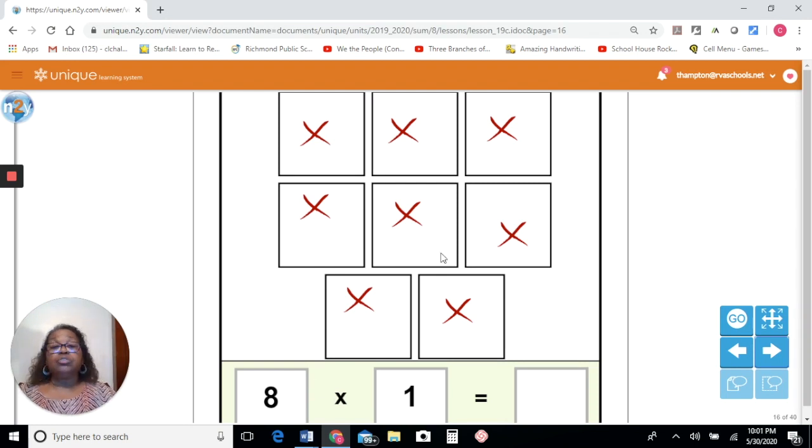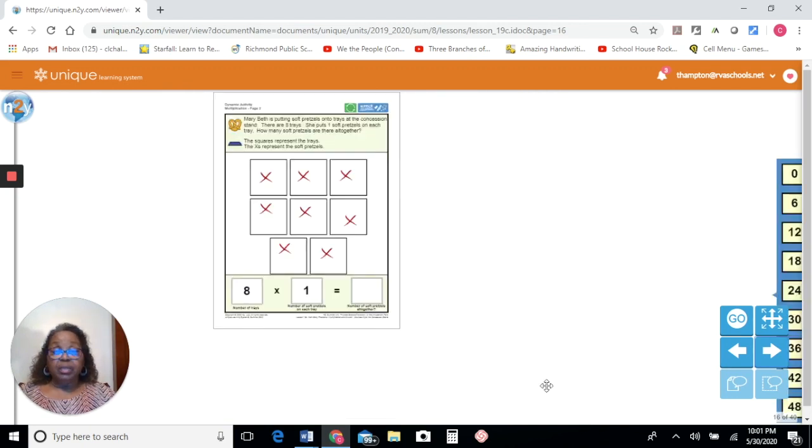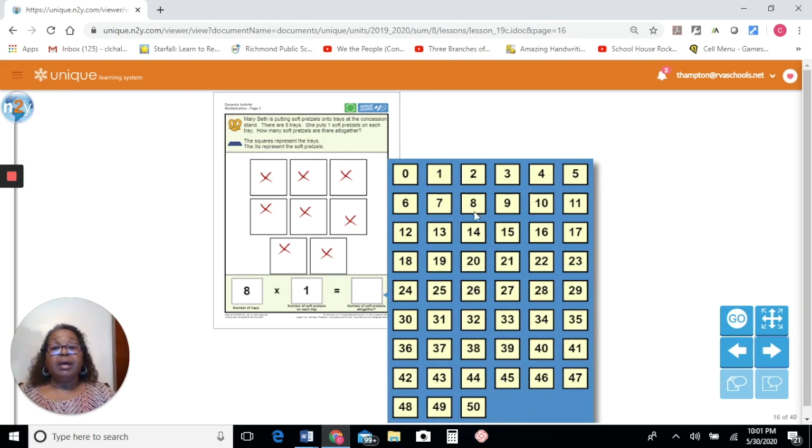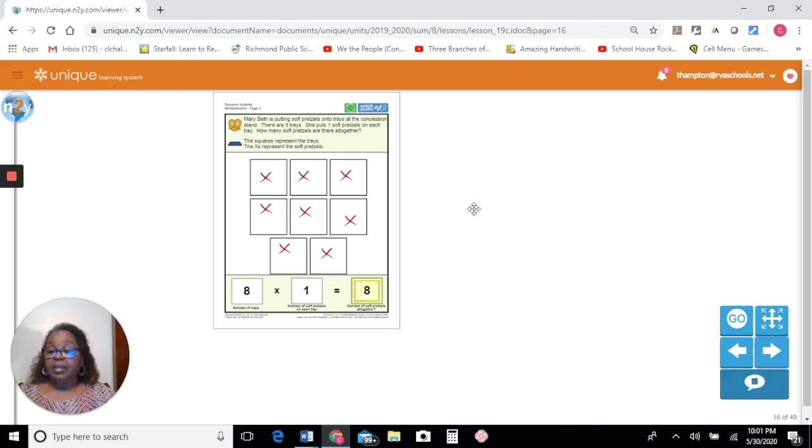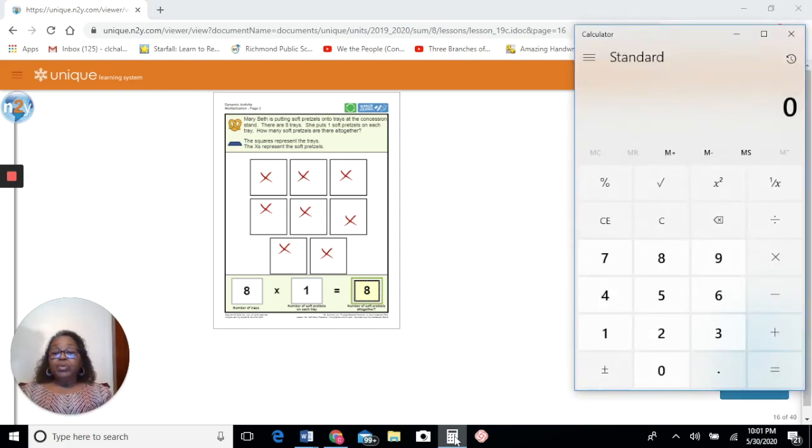Let's count first to see what we have. 1, 2, 3, 4, 5, 6, 7, 8. The answer should be 8. All right, let's use our calculator to see if we got the right answer. Clear the calculator.